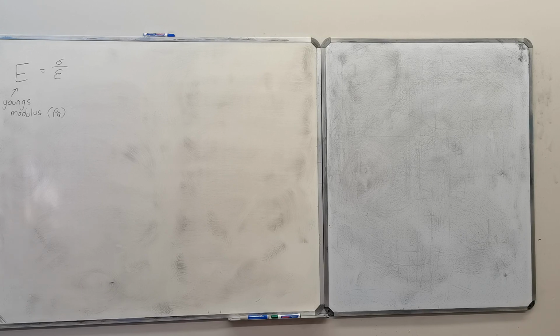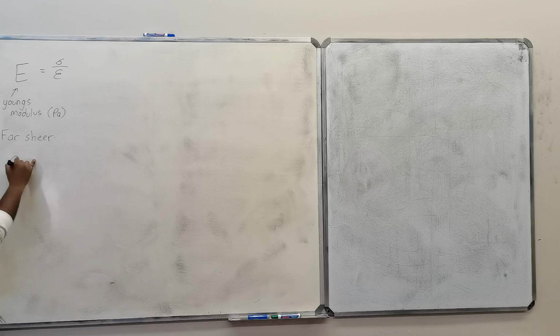This is not shear stress or shear strain. So, Young's modulus is equal to stress over strain. Then on the next page, for shear, you get something called the modulus of rigidity.